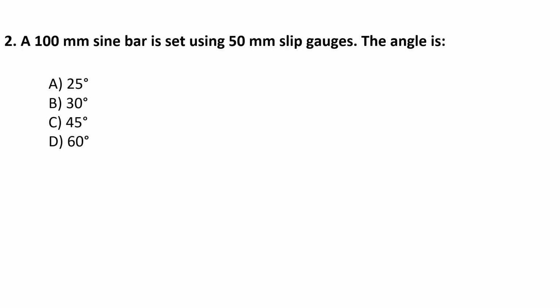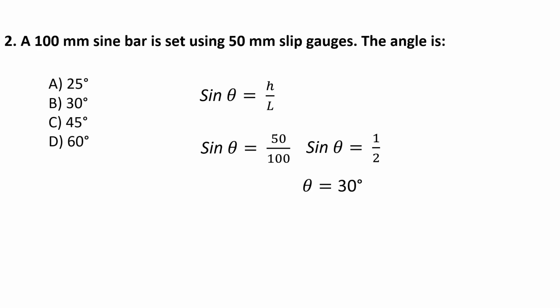The next question is: a 100 mm sine bar is set using 50 mm slip gauges. The angle is? Here L is given and h is also given. h is the height of the slip gauges, that is 50 mm, and capital L is the distance between the two roller centers, that is 100 mm.